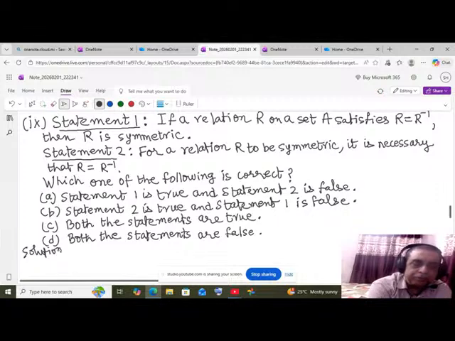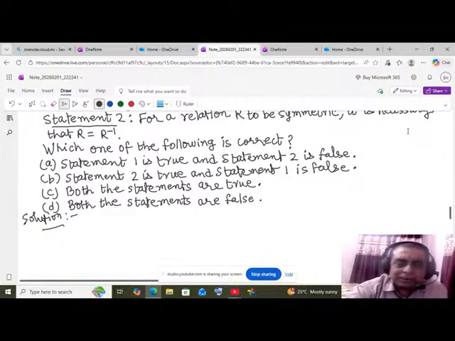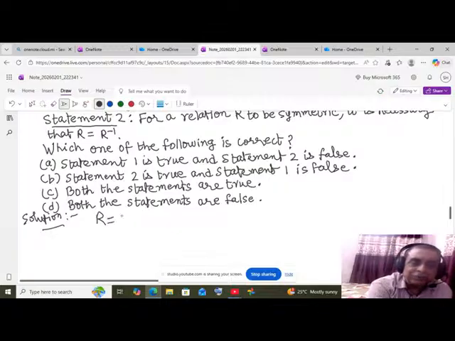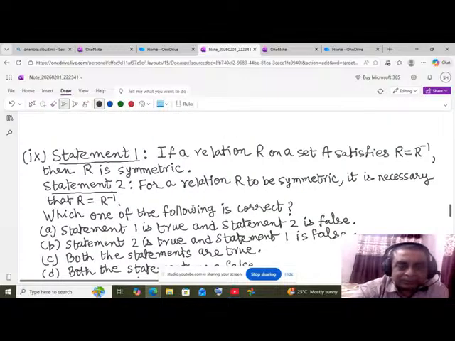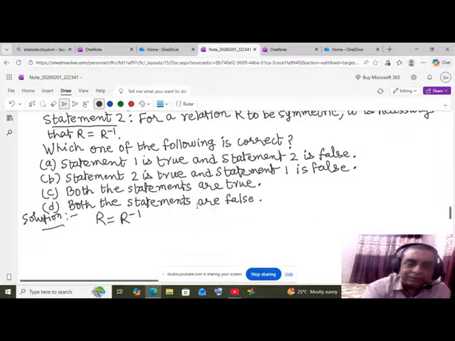Now I am checking statement number 1. If a relation R on a set satisfies R equals R inverse, then R is symmetric. Now, what is the meaning of symmetric?